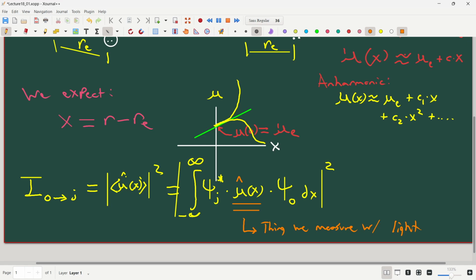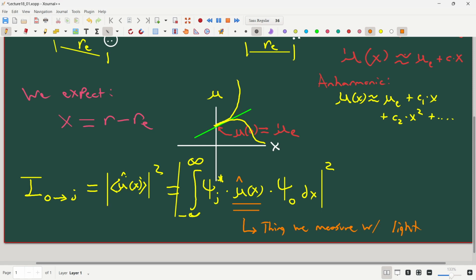When I shine light at my system in the initial state, what's the probability I end up in my final state? To calculate that, we calculate the average, which is the integral. So this integral tells me exactly the probability of using light to move from one state to another. If this value is not equal to 0, that means there's some probability that when I shine light at this molecule, it goes from state 0 to state j.